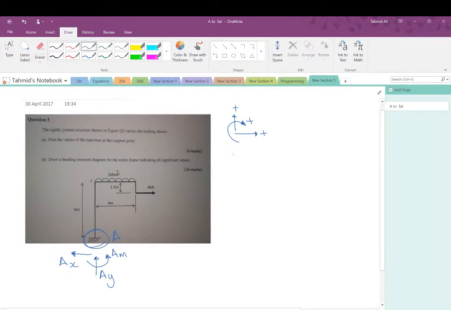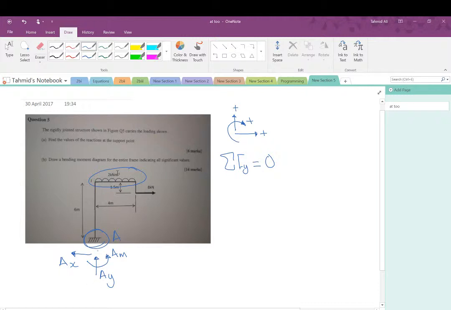But let's go on. So I'm going to do sum of forces in the y component is equal to 0. Now as you can see here, there is a 2 kilonewton per meter uniform load that's acting here, and that's the only vertical load that's been applied in the system, and that would help us work out what AY is, because AY is currently unknown.